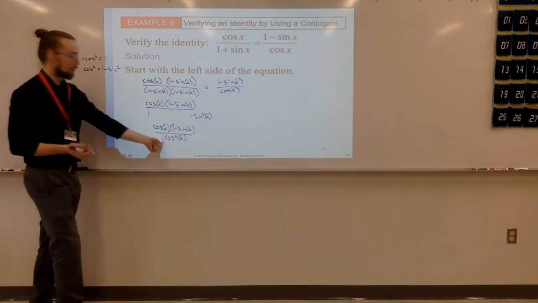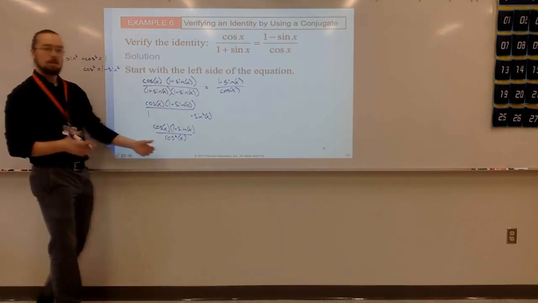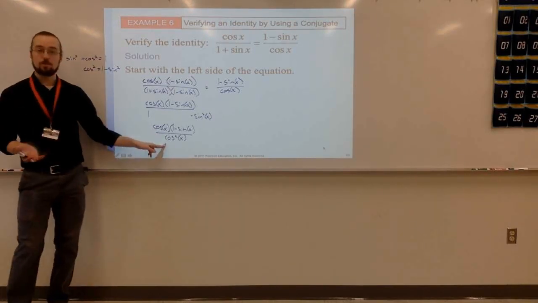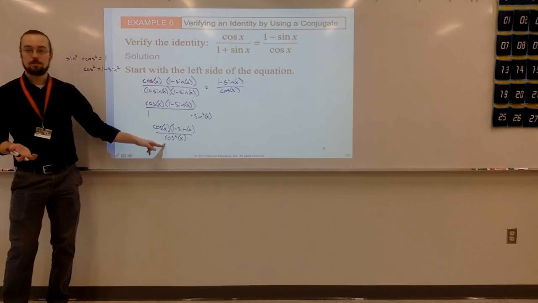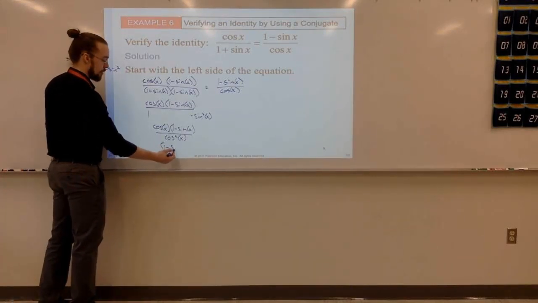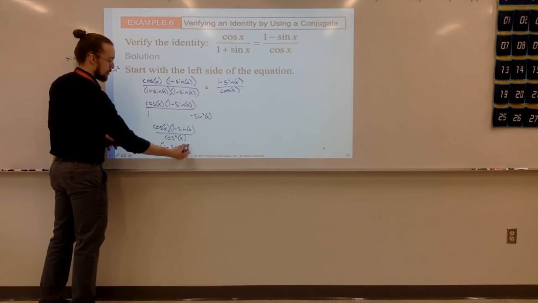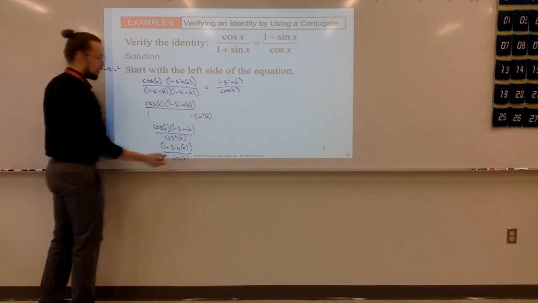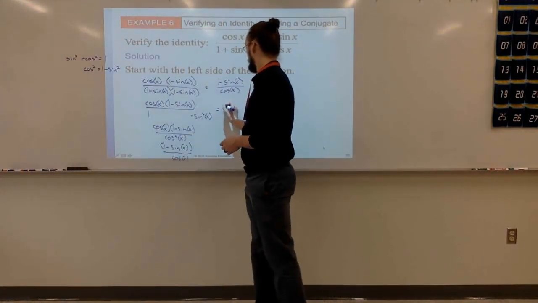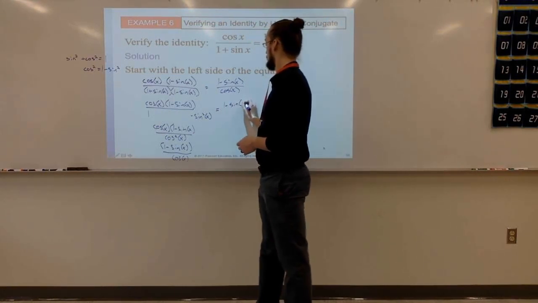If I've got cosine over cosine squared, I can cancel out a cosine and just be left with 1 over cosine. So then, this just becomes 1 minus sine of x over cosine. That's what we want. I guess I should have been writing out the right side as we were going.